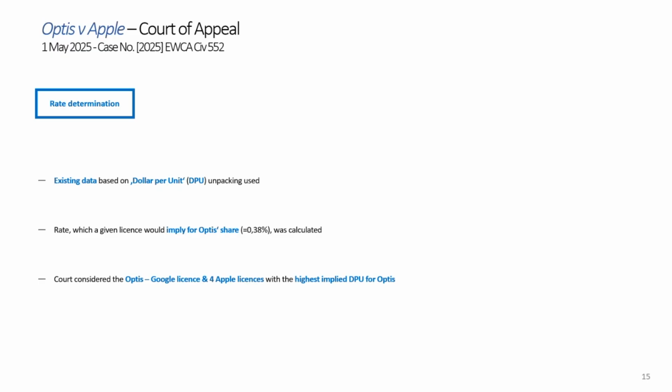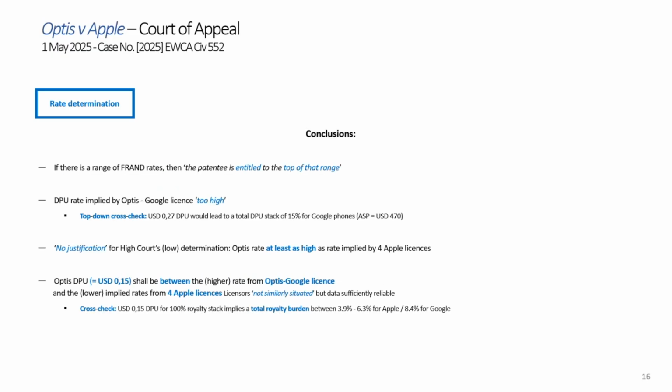And the question is now, where should you actually locate the Optis rate? You have 2 different sets of comparables here, and you need to make a determination.